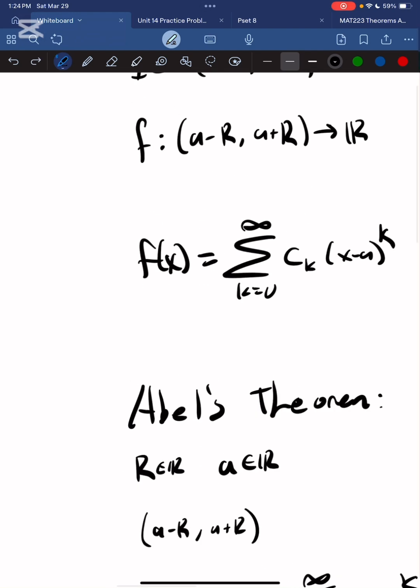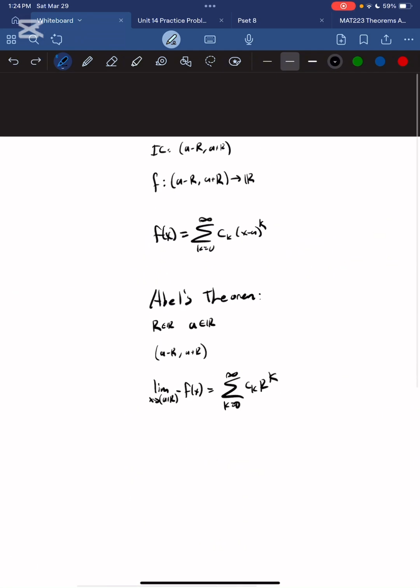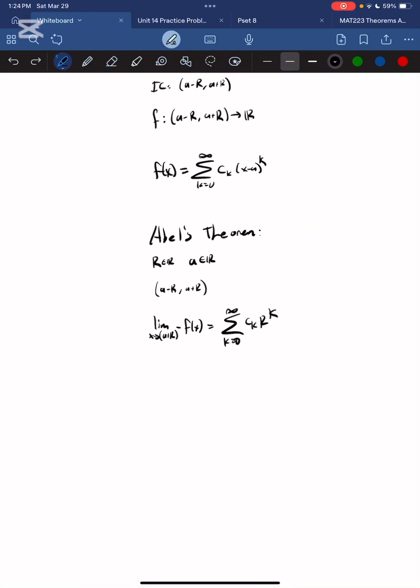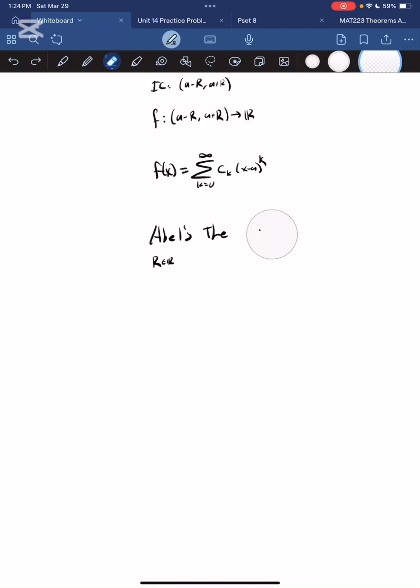But okay, the main point is that the function is continuous on this interval. Now, this is where it gets more interesting.